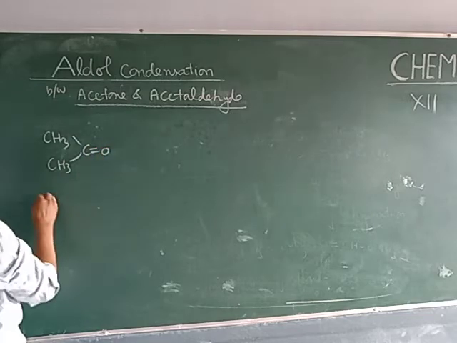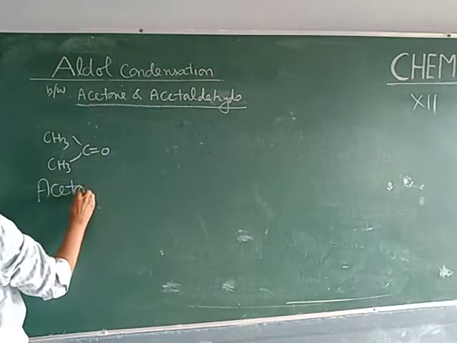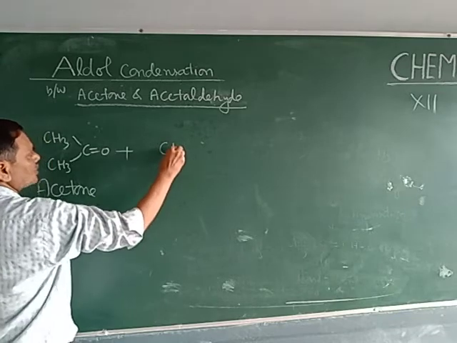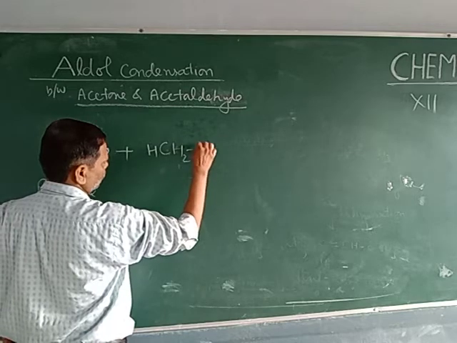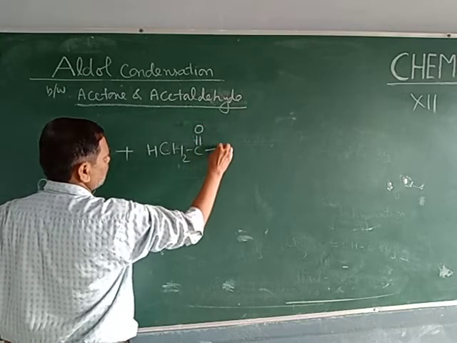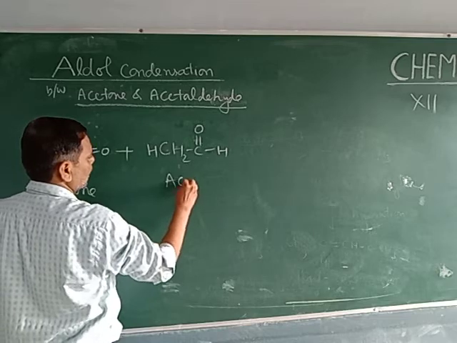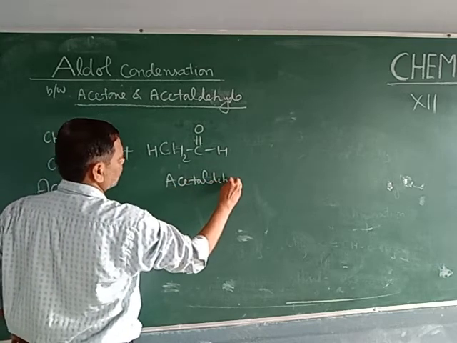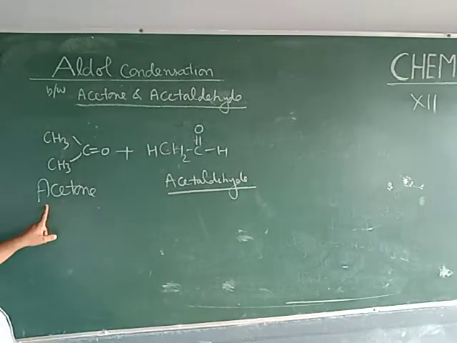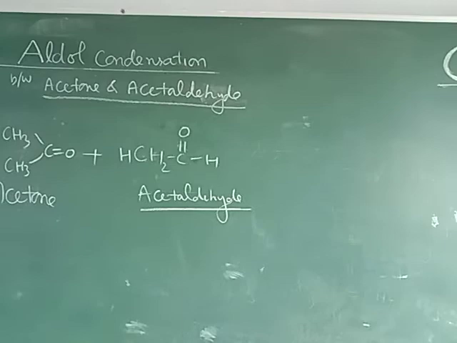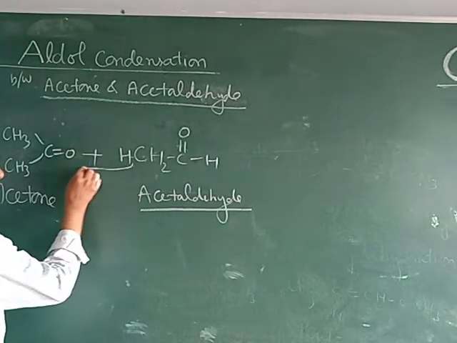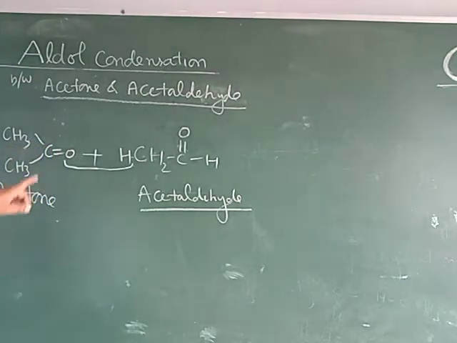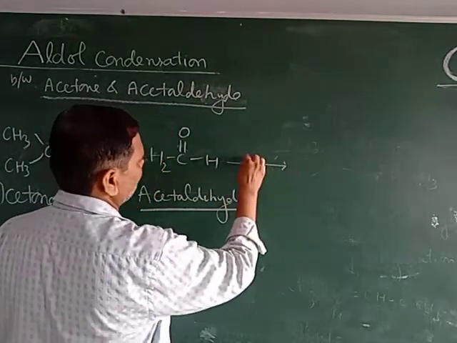CH3COCH3 is acetone, or you can say propanone, and CH3CHO is acetaldehyde. Now this alpha hydrogen will make a bond with this oxygen atom in the presence of dilute alkali.